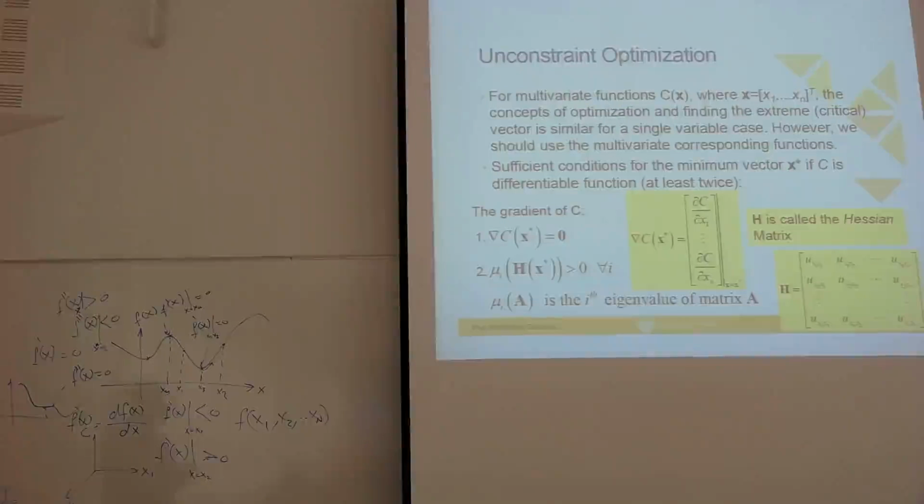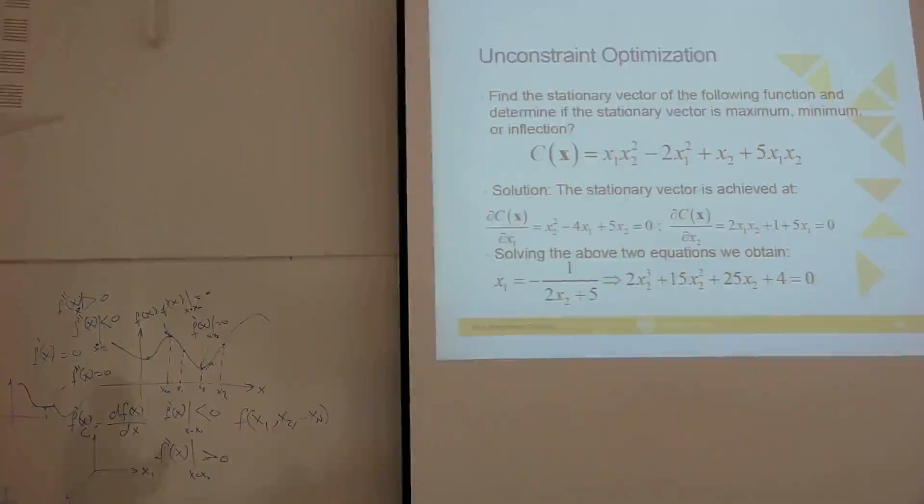If all eigenvalues are greater than 0, then this point or vector represents a minimum. If all of them are less than 0, negative, then it is a maximum. If we have zeros, or we have both positive and negative, then we have a saddle point or inflection point. So this is a general extension of the previous equation.